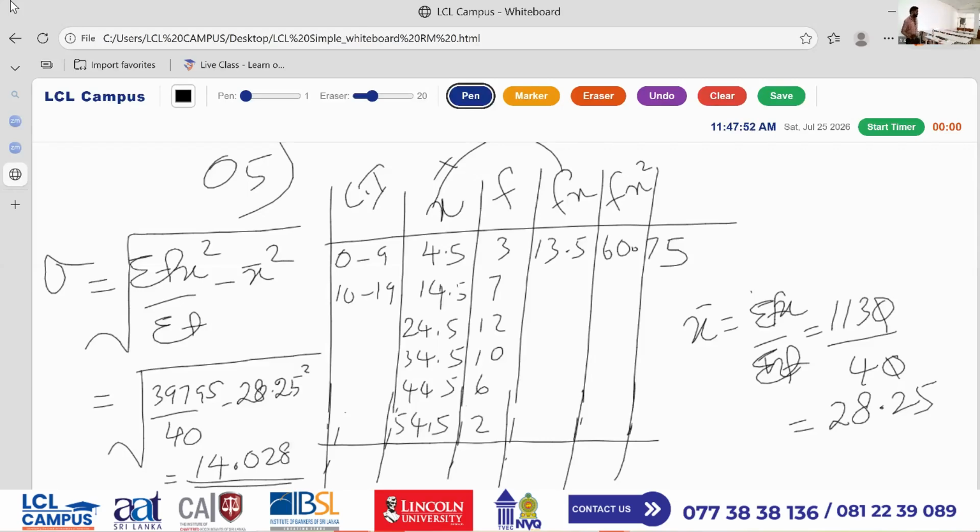Again, take the calculator and change the mode to SD. Take the mid values of these.